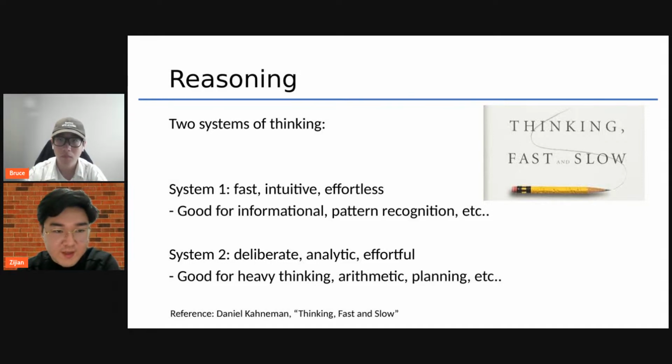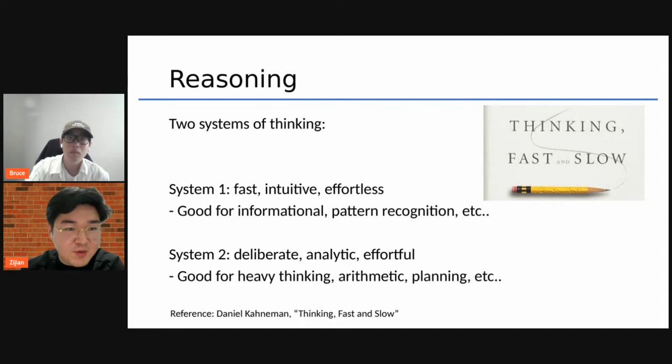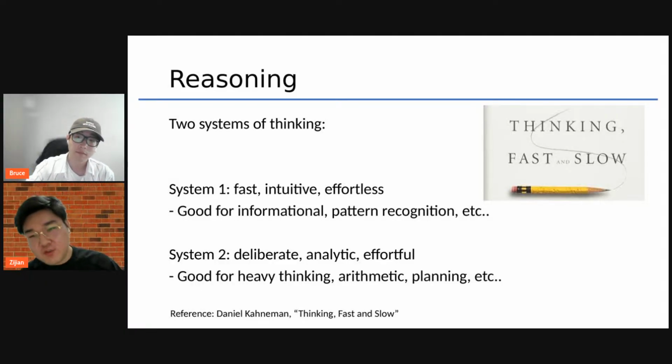For example, for pattern recognition, 10 years ago, we already had the ResNet that is able to categorize images into categories. For information retrieval, 8 years ago, we already had the BERT model that is able to recognize sentiment and do some very simple machine translation.